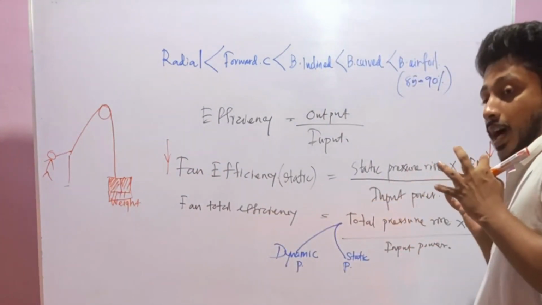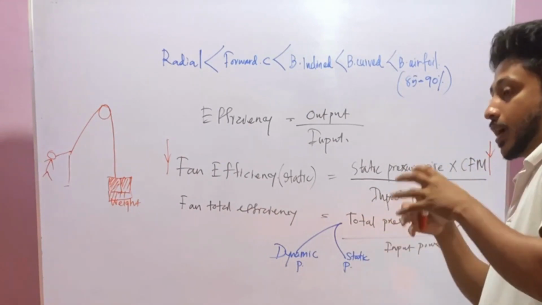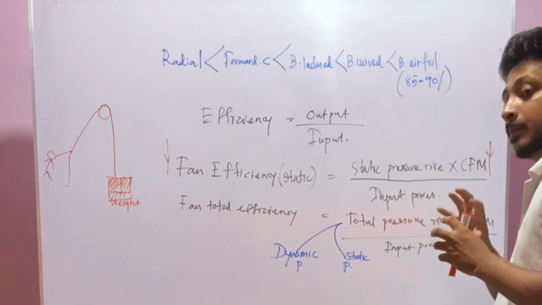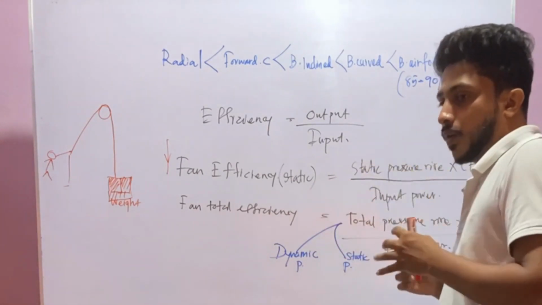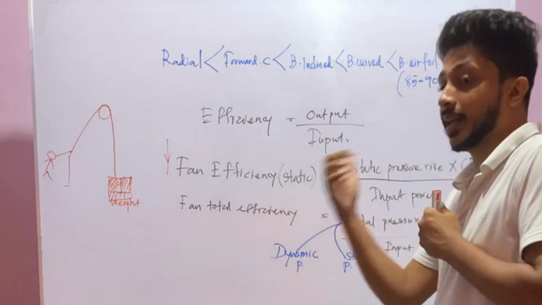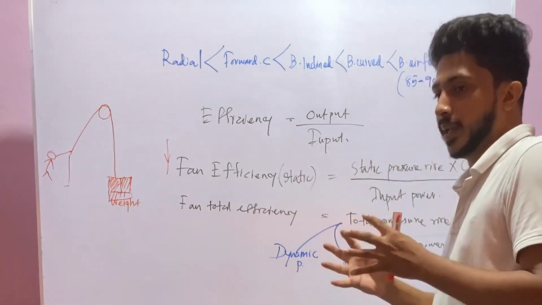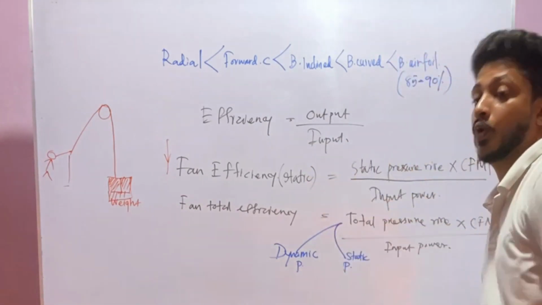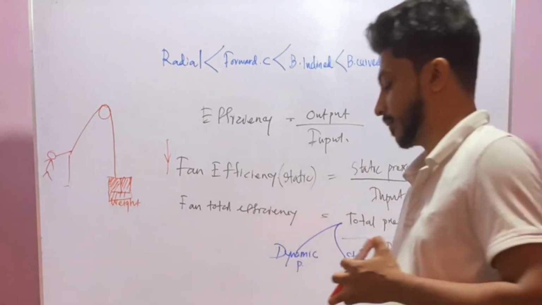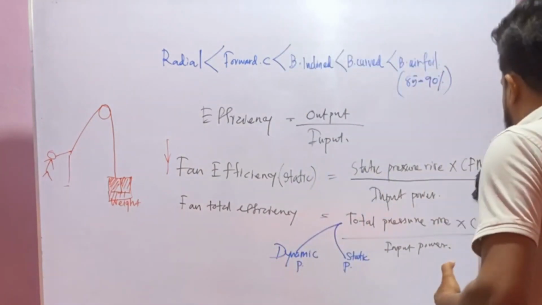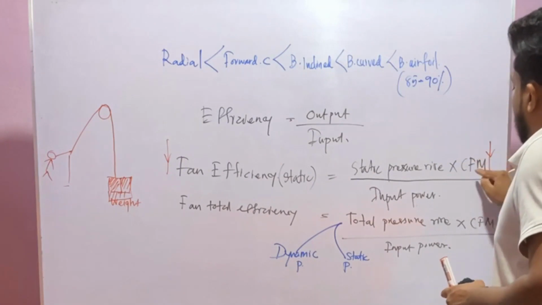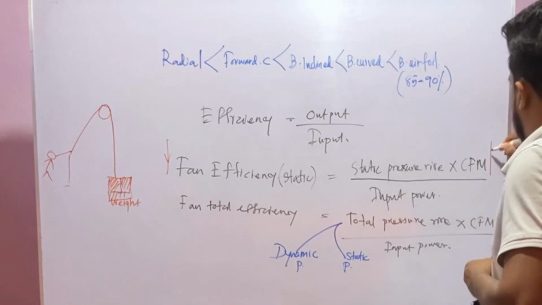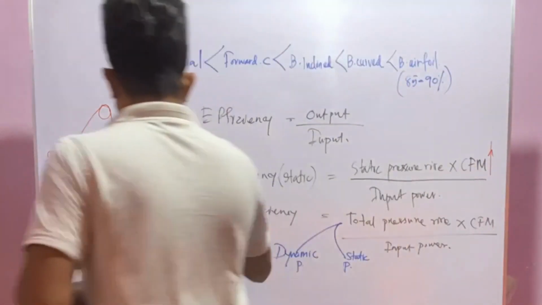When it comes to the fan, that factor is something like the airflow, how much air volume, how much air mass will be handled by the fan. If this volume of air or the mass of air is increased at the same speed, in that scenario also we have to give more energy. So it is true, this airflow is increased in forward curve fan.